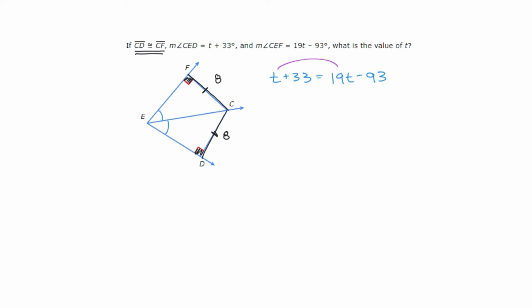Letters to one side, numbers to the other. I'm doing negative t and plus 93, ending with 126 is equal to 18t. Dividing 126 by 18, we get t is equal to 7. Just some algebra review.